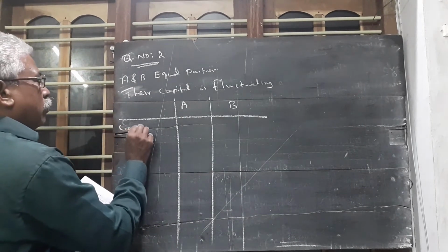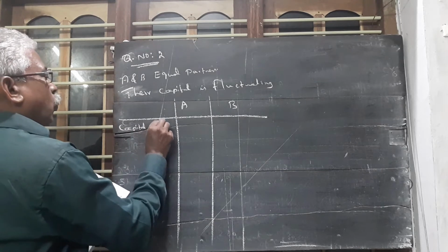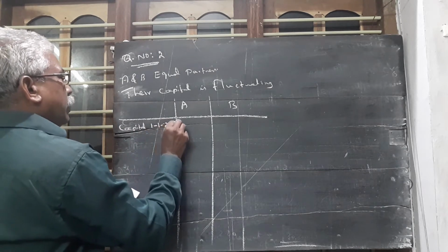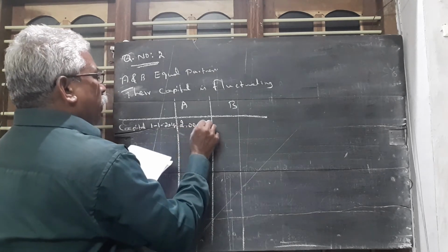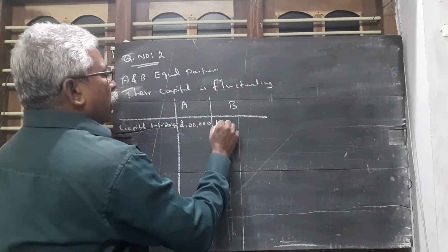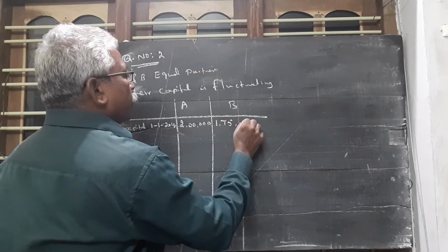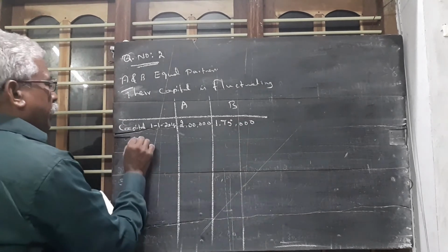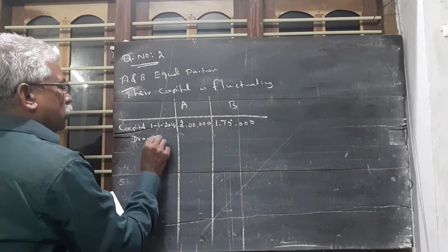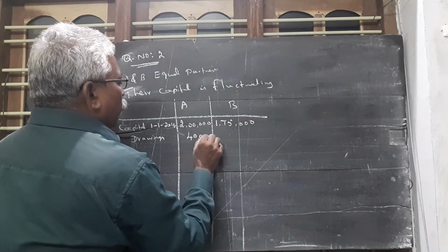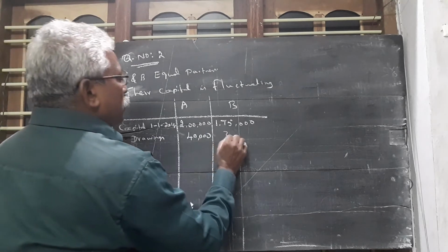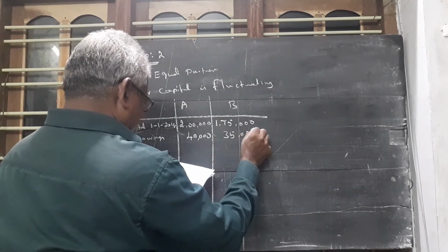Capital, 2018: A's capital is 2 lakh and B's capital is 1,75,000. Then drawings: A's drawing 40,000, B's drawing 35,000.